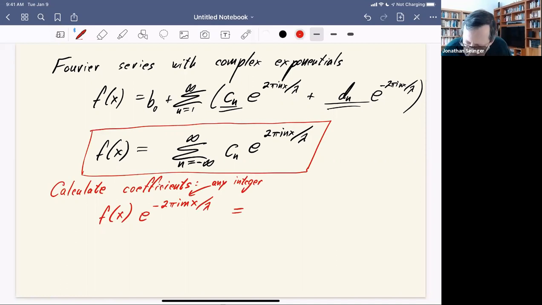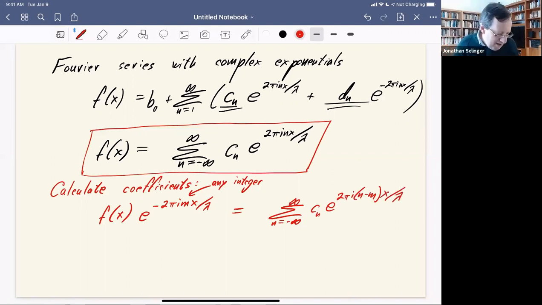And that is a sum from n equals 1 to infinity, c sub n e to the 2 pi i (n minus m) x over lambda, like that.